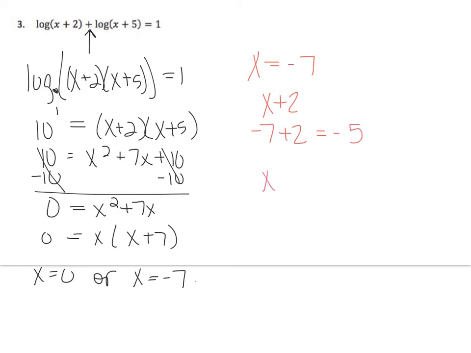I also need to plug it into the other binomial, x plus 5, negative 7 plus 5 equals a negative 2. So both logarithms in the equation are undefined. Therefore, x equals negative 7 is called an extraneous solution. So only x equals 0 is a valid solution to the equation.